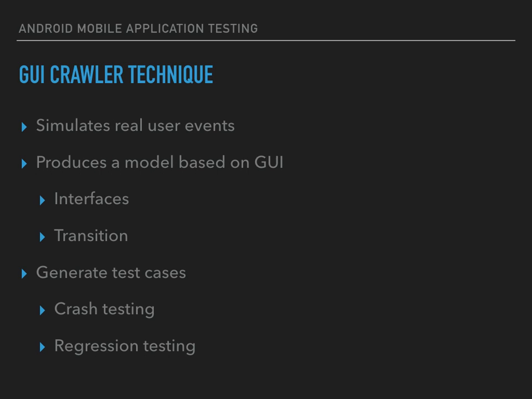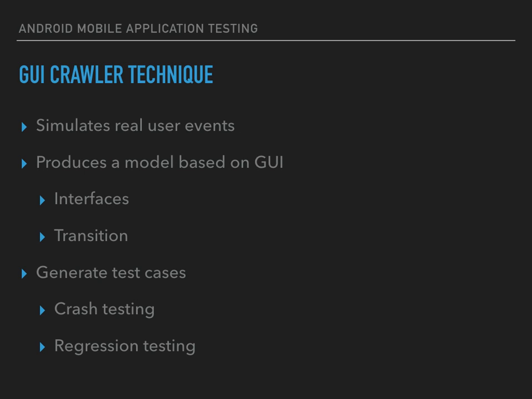And I have a slide a little further down the line that displays a picture of this so you can see a sample model. Now, the third and final thing this technique does is generate our test cases for us.